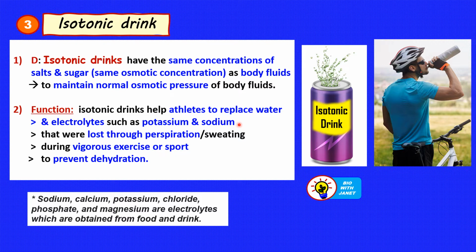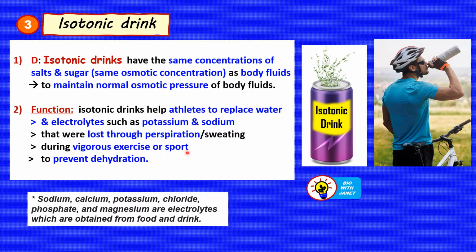Now, what are electrolytes? Electrolytes are actually the mineral ions like potassium, sodium, calcium, and chloride, which we all need in our body. But these are lost through perspiration or sweating during vigorous exercise or sport.